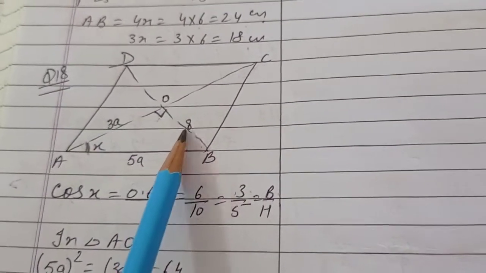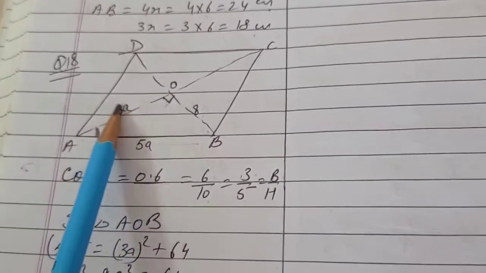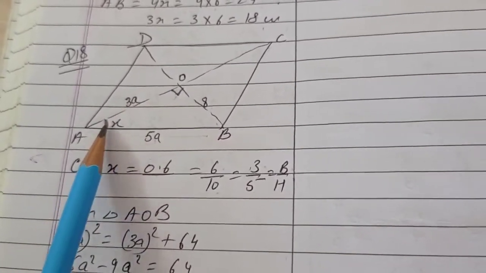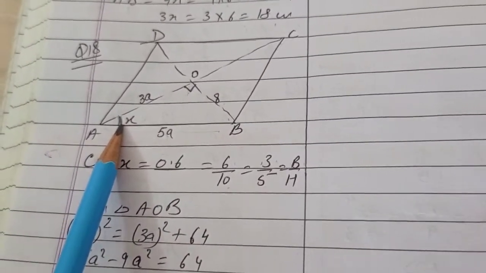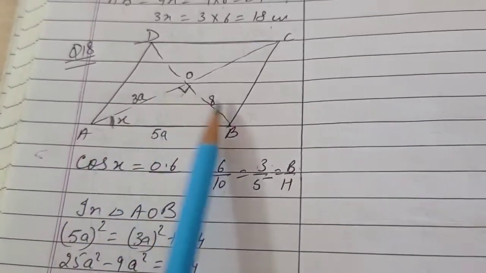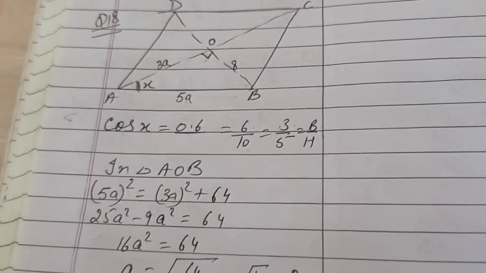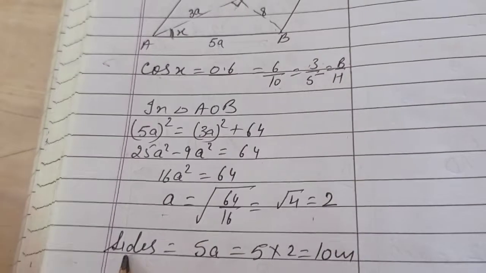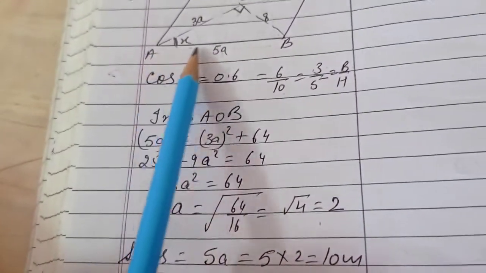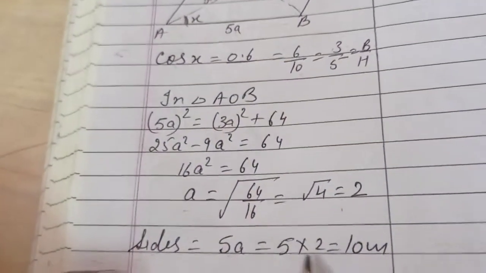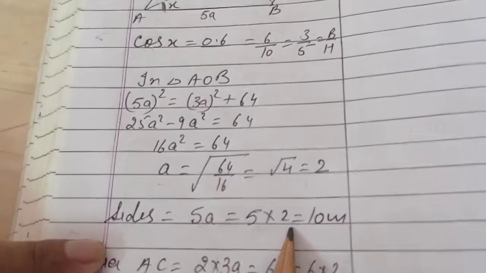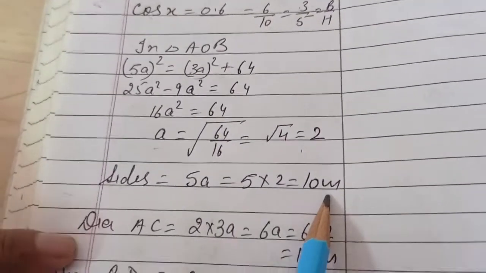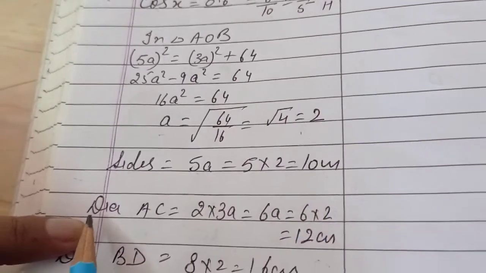Clear? See, this is the fixed value, that's why I took a variable and I didn't take x here because already we have used that variable. Now using Pythagoras theorem we can find the value of A, that is 2. So side, what is side? 5A, 5 into 2, and you know that in a rhombus all the sides are equal, so all sides will be 10, and we are asked to find diagonals also.